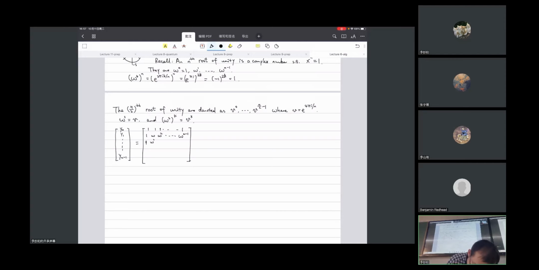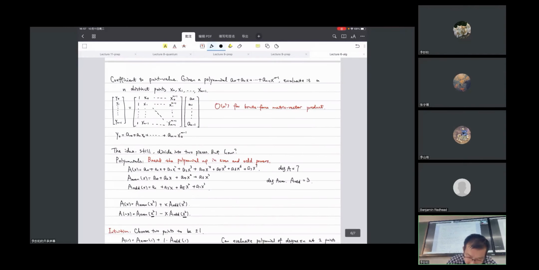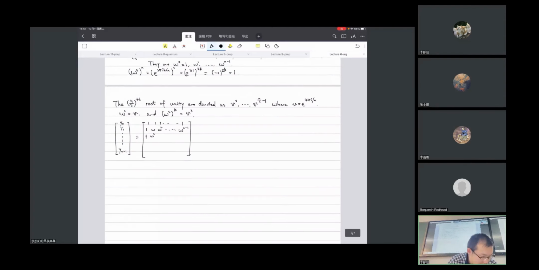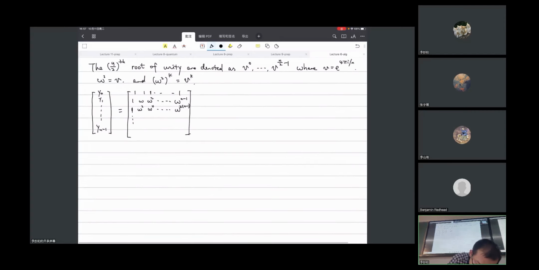The next point we choose is omega squared, so we have 1, omega squared, omega to the 4th, until omega to the 2 times n minus 1. For the last row, there's going to be 1, omega to the n minus 1, omega to the 2 times n minus 1, until omega to the n minus 1 times n minus 1. And we have a0, a1, until a n minus 1.